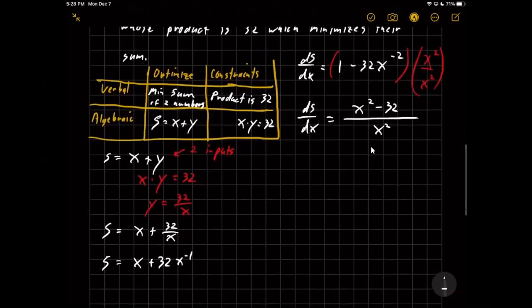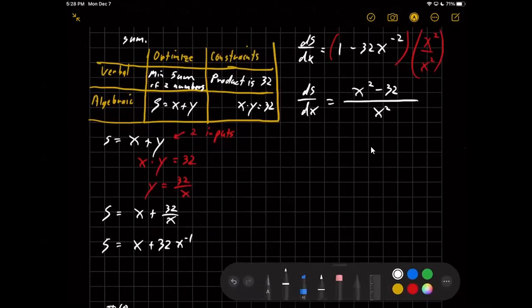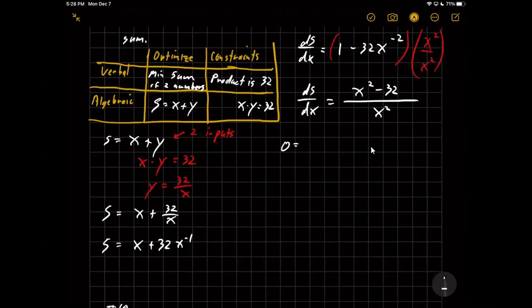Now I believe the problem says find two positive numbers. So looking at this, we have to evaluate the possible solutions. We want to find the critical points of this, so we want to find where dS dX equals 0 and where it's undefined. We're interested in where 0 is equal to x squared minus 32, or 0 is equal to x squared.